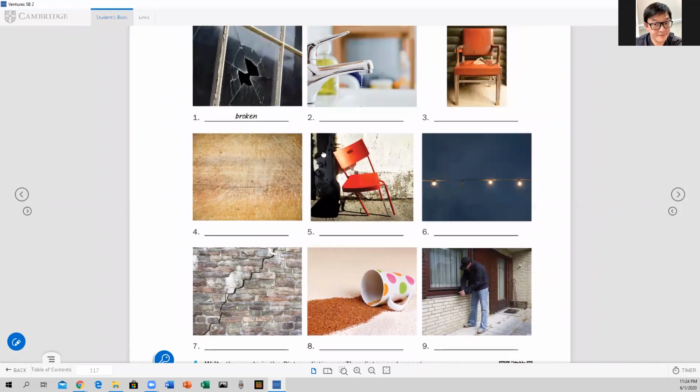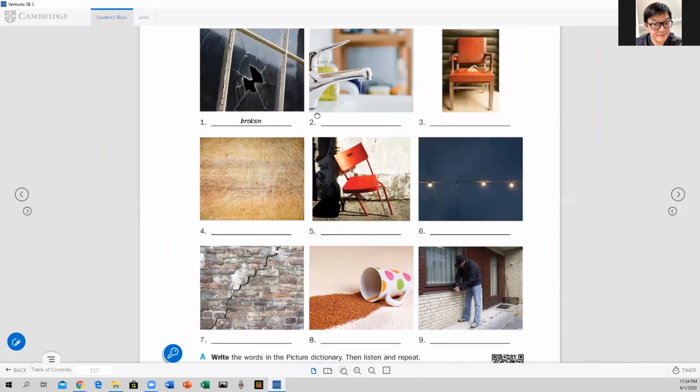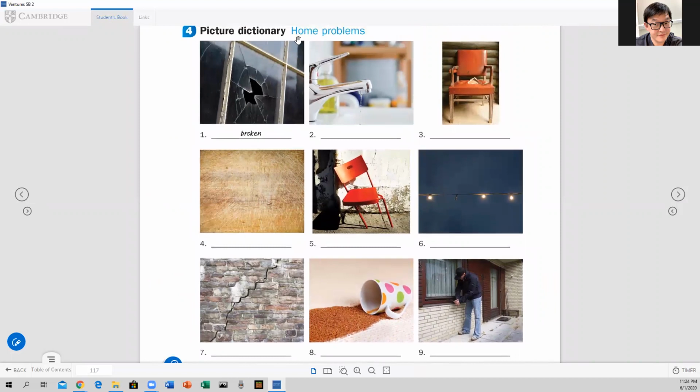write the correct word under the picture. Okay, we're talking about home problems. Now these are the home problems. Picture number 1 is broken. Picture number 2. What is picture number 2? Picture number 2 is dripping.